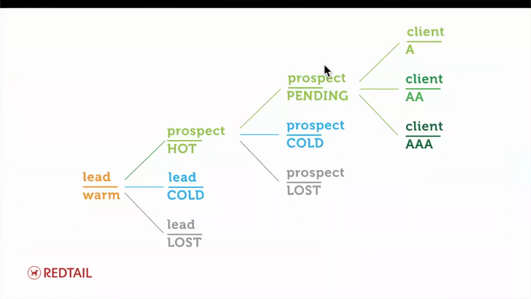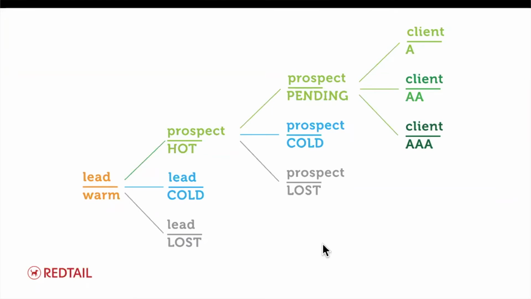And so again, they're either going to move to a client A, AA, or AAA. We're not going to get too far into clients today, but if you want to use A, B, C, gold, silver, platinum, those categories are customizable depending on however you want to set those up.